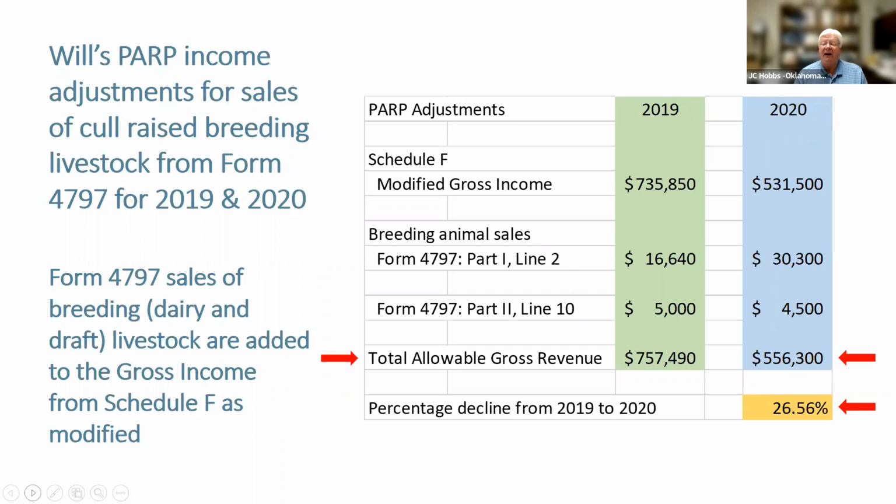And just for your benefit, I went ahead and calculated the percentage decline to show that we definitely meet it with Will's situation. Remember, the rules are 15%. Well, we're well above that 15%. So again, here's how you go about making those adjustments from the 4797 and the Schedule F, and how we get the final number that goes onto the application form itself.